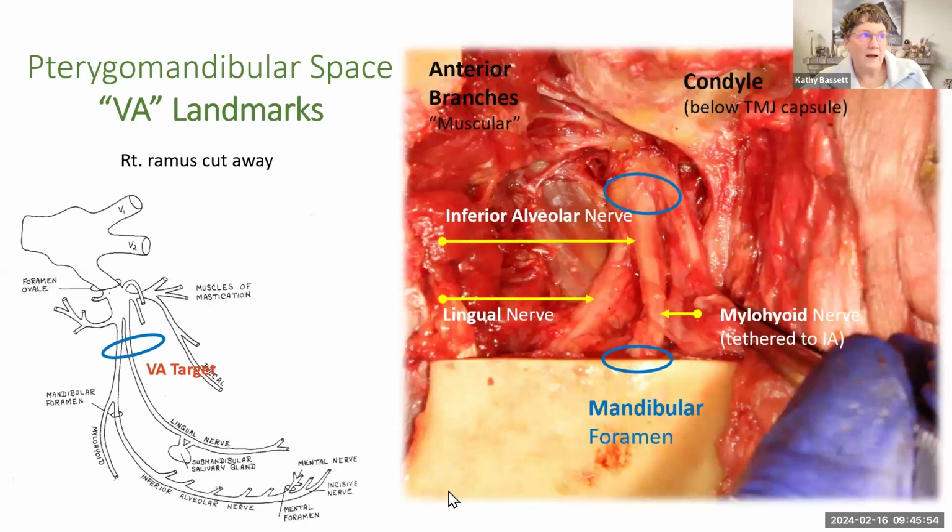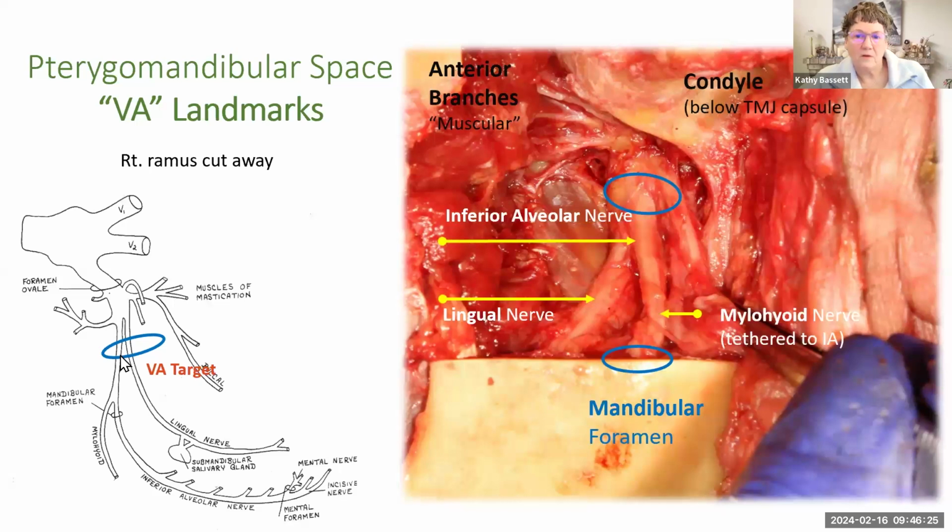So for the Vazirani-Akinosi, now we're between those two sites. For this one, your insertion is pretty much parallel to the maxillary occlusal table. Often this injection is favored for patients that have limited ability to open their mouth, or maybe you've got a lot of soft tissue distractions, a profound tongue, and it's just hard to navigate.